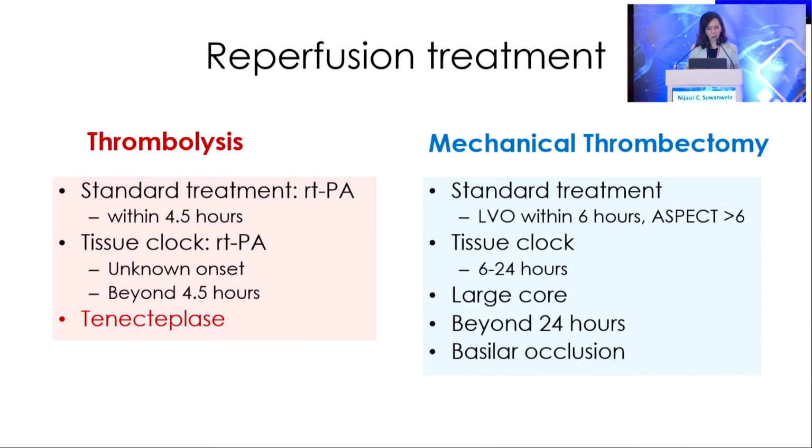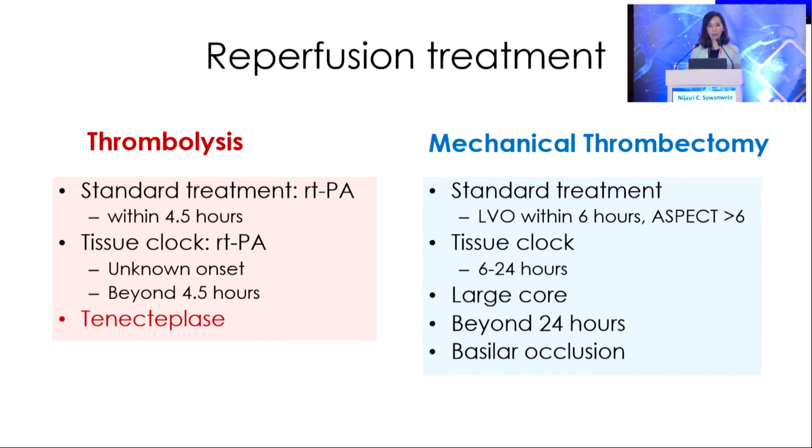So for the IV thrombolysis, now we all know that treatment within 4.5 hours is the standard. And Dr. Silaja mentioned earlier about the wake-up stroke and the unknown onset, and the ones beyond 4.5 hours. And now we have a new medical treatment after a long time.